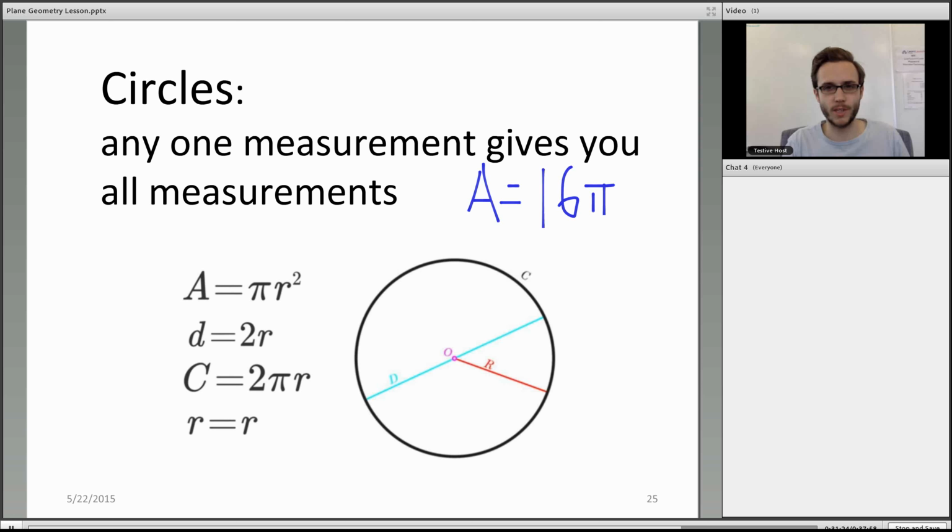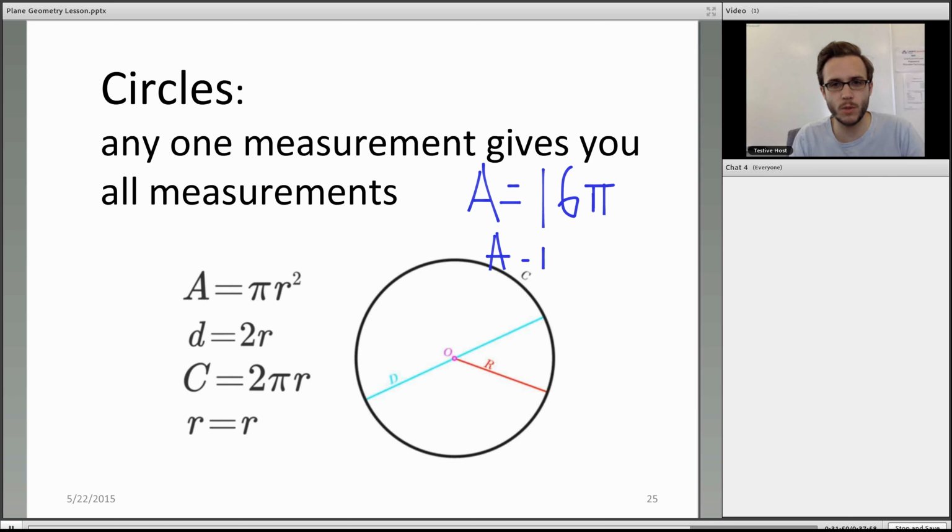we could actually imagine we have it as a decimal. Maybe it's 16 times 3.14, whatever that turns out to be, some 50 something, about. Then, if we have A equals 16 pi, we can figure out any of these because we could just divide out pi. I know that A equals pi r squared.